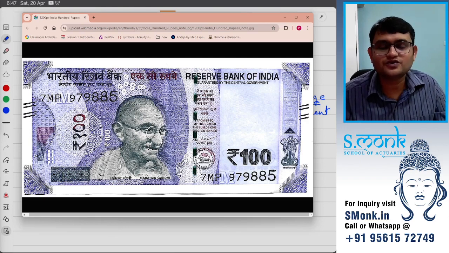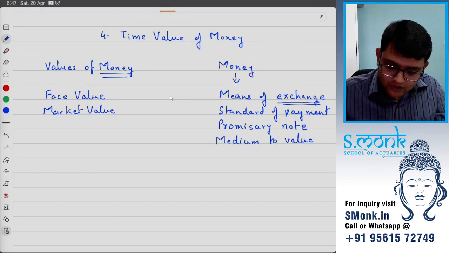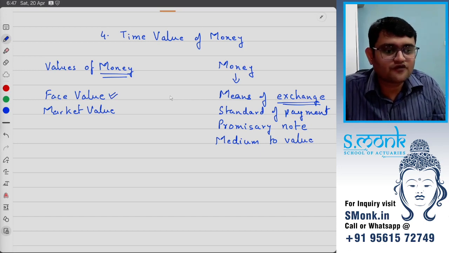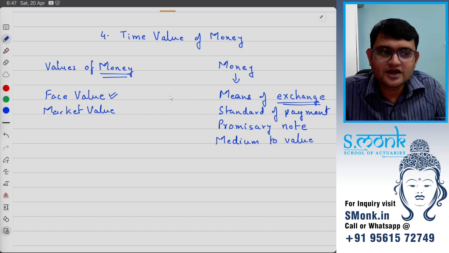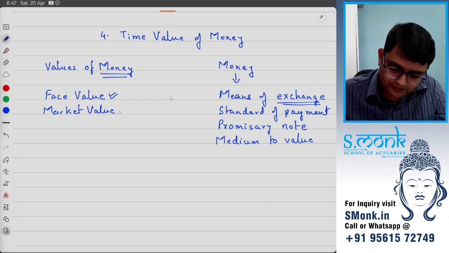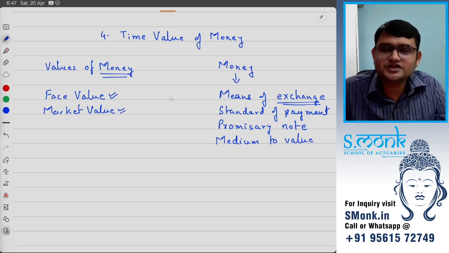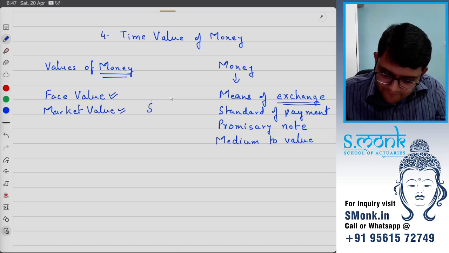It's just a value. This 100 on this piece of paper would be called its face value. Whatever is written on the face is called face value. Then what's a market value? Let's say the exchange rate is a market value. You'll say $1 is worth, let's say, 80 rupees.